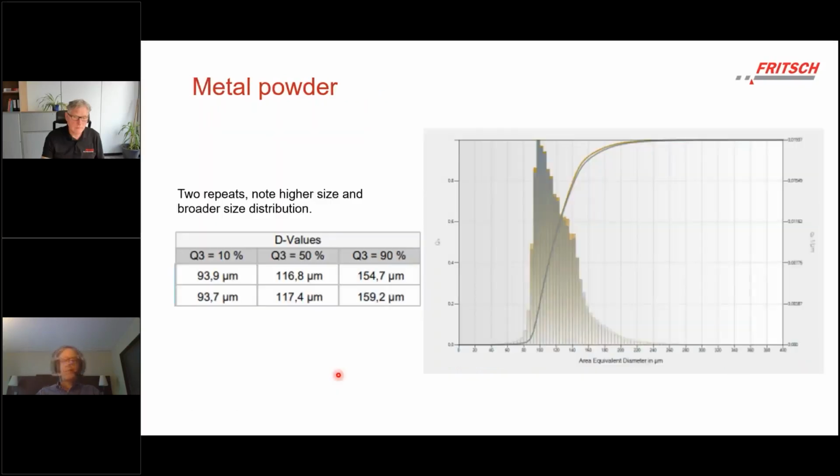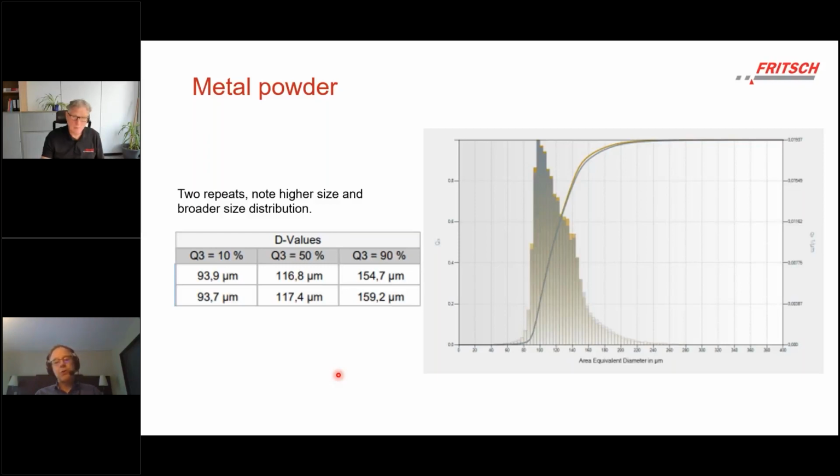This is another metal powder, and here we've moved up in size range to about 100 microns or so, for D50. So this is not used so much in 3D printing. It's probably metal injection molding powder that we had. We see quite nice repeatability.